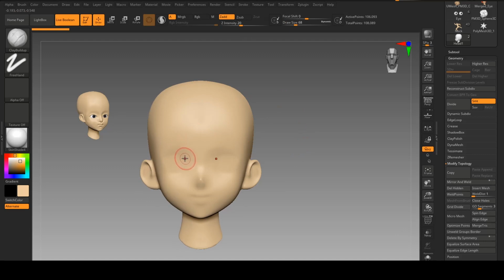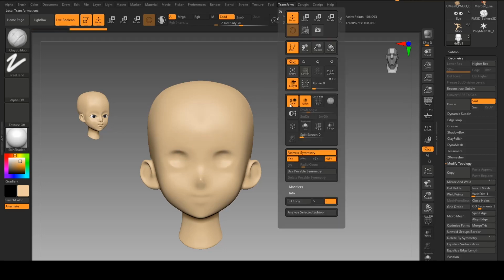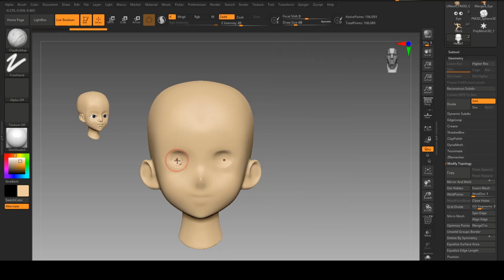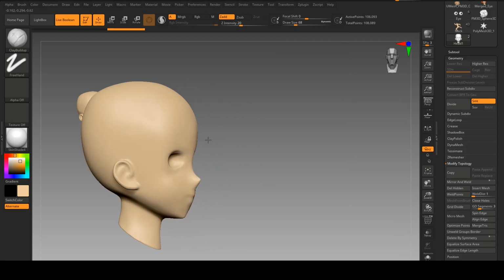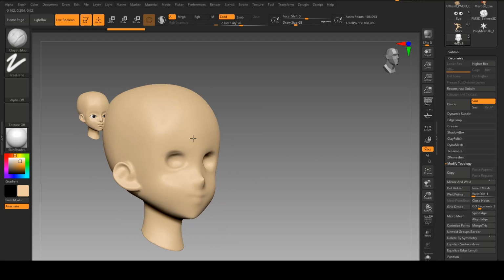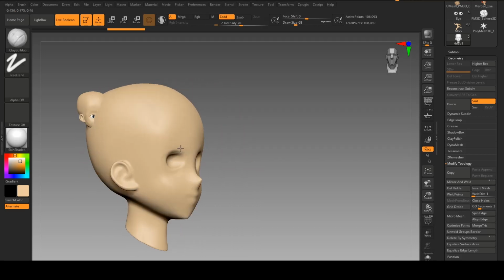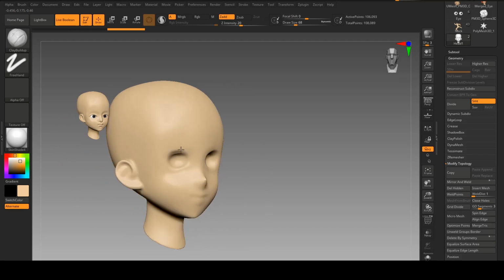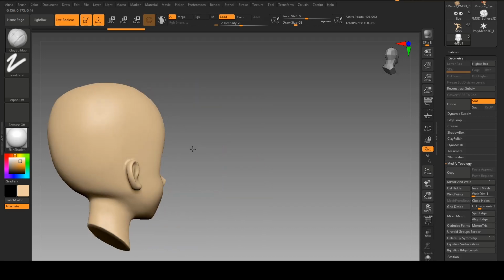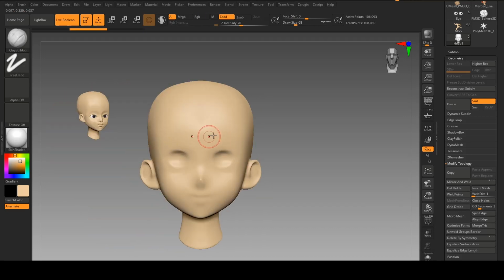When you sculpt, you press the Alt key. Okay, turn on the symmetry. See, look at that. So the sculpt way is the front and the side. Front and the side. Okay.